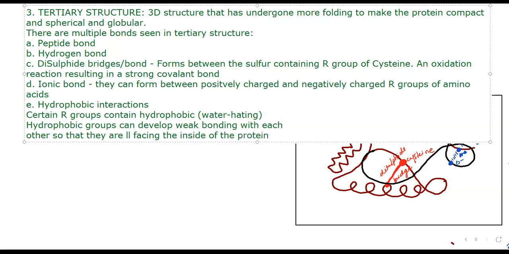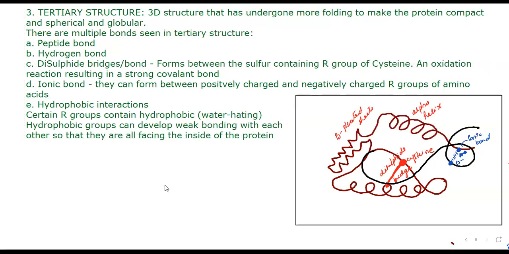They will try to arrange themselves in such a way that all these R groups are facing the inside of the protein, away from the water. That is the reason why the tertiary structure can have a spherical, ball-like shape, because all the water-loving amino acids can be on the outside, and all the water-hating amino acids come towards the inside of the protein.